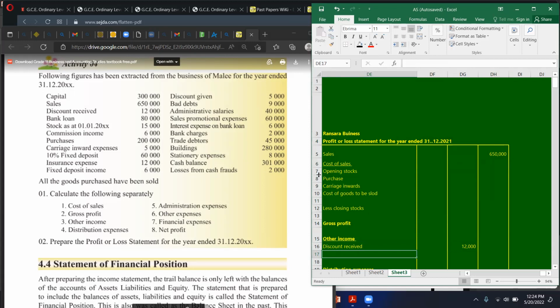Stock is an asset. First, opening stocks, second column, 80,000. Sorry, 15,000, I missed. Commission income, other income. Carriage inwards, cost of sales calculation, 6,000.